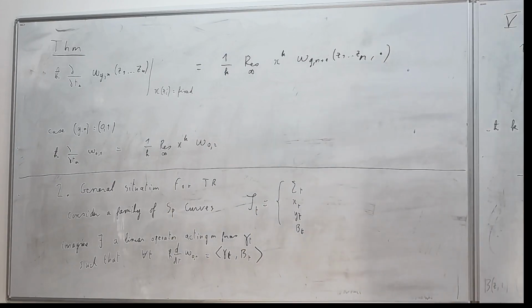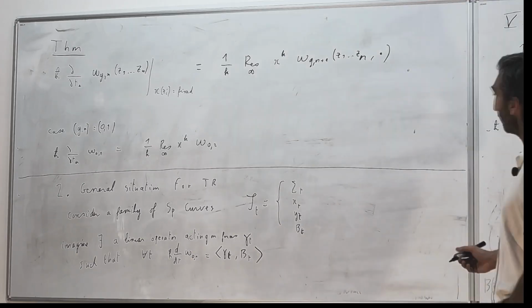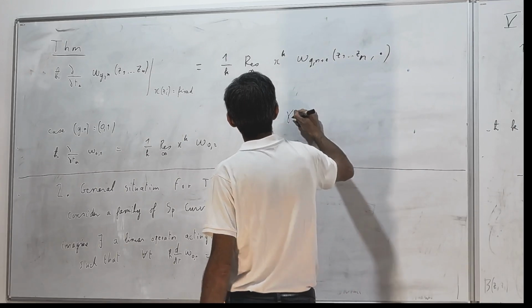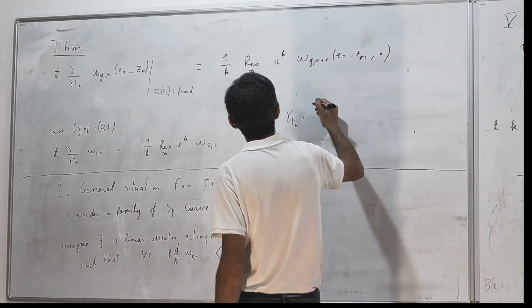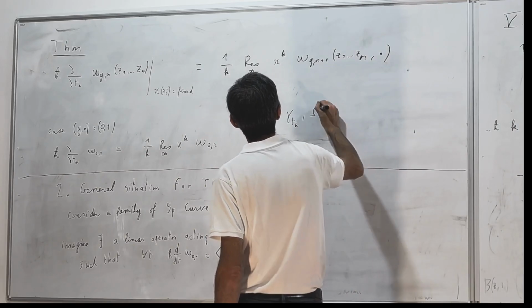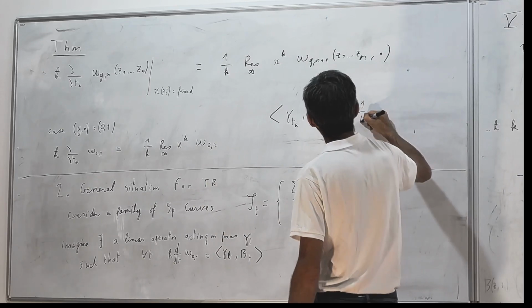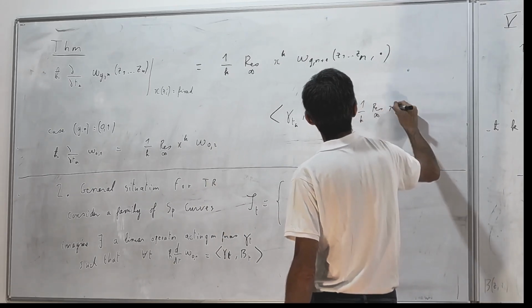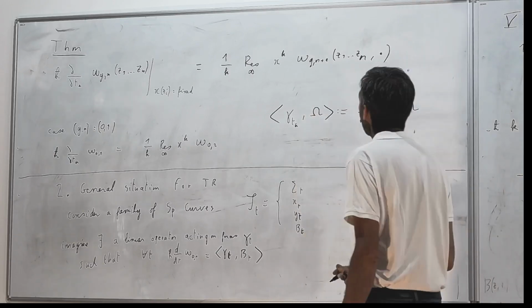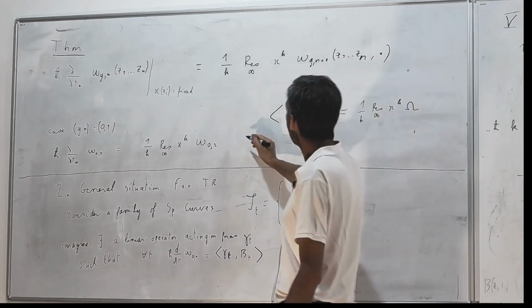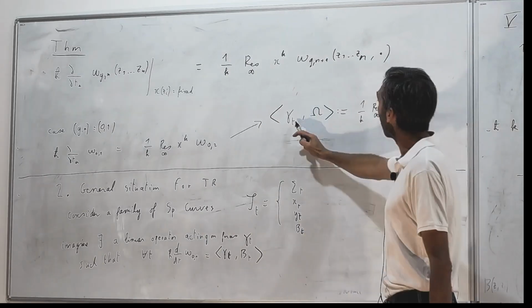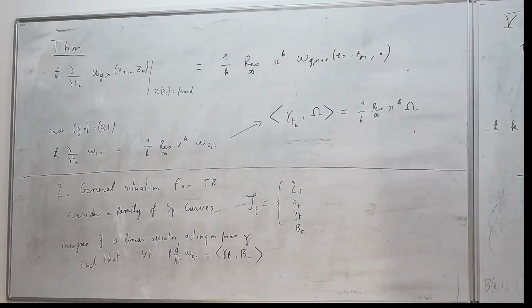So the result is a one form in the other variable. And this was the case here. Here the gamma_{t,k}, when it acts on any form, let me say omega, is defined as 1 over k residue at infinity of x^k times omega. This is what corresponds to that. So it acts linearly on omega. Let's call it a generalized cycle.